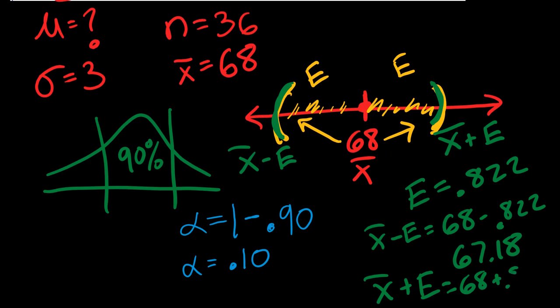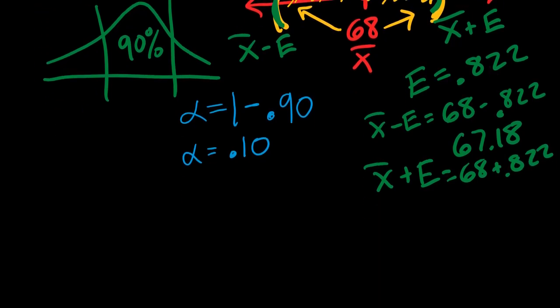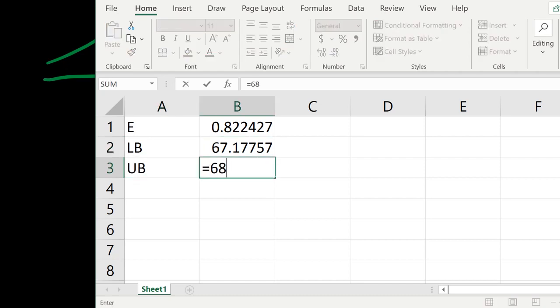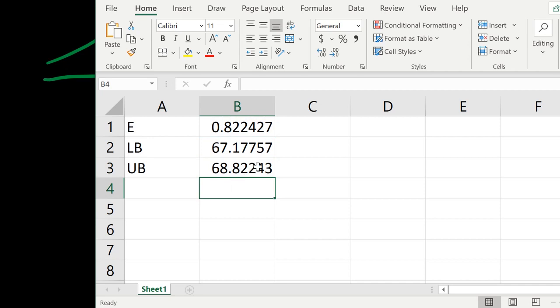Then the upper bound: 68 plus 0.822. I don't need a calculator for that. That's just going to be 68.822, or if I round to 2 decimal places, 68.82. We could have used Excel if we wanted to: upper bound equals 68 plus, then click on the cell that has E, press enter, and there you go, 68.82.